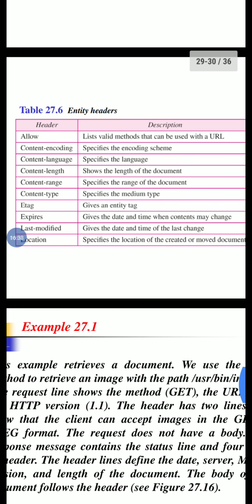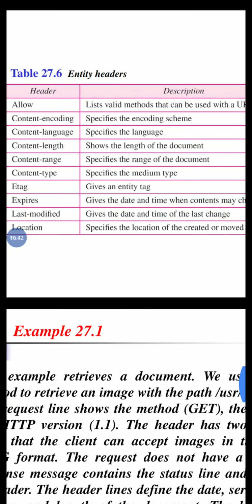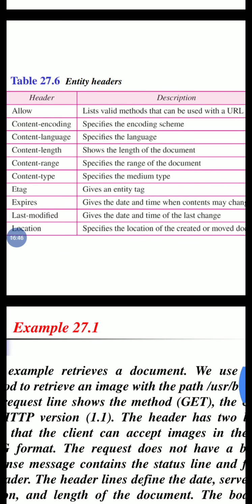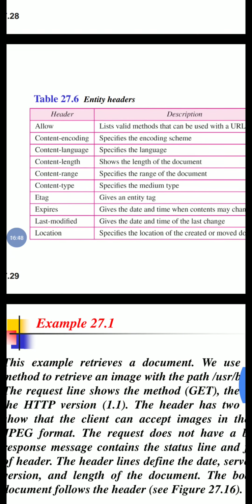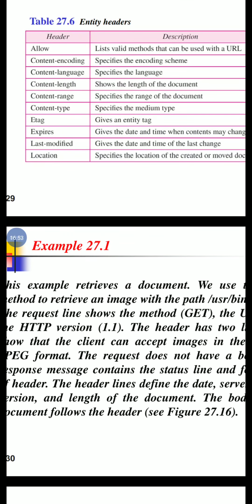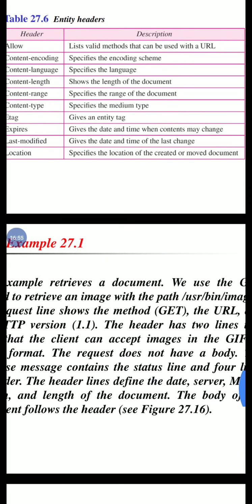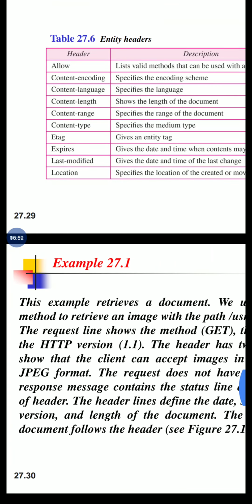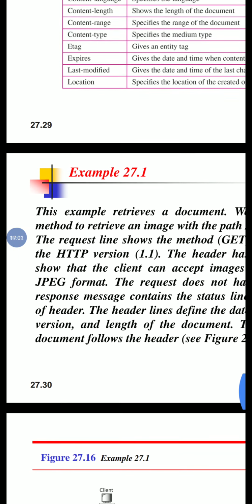After that, there is ETag, which gives an entity tag. Then Expires gives the expiry date, Last-Modified, and Location about the created or moved document. So these are some of the entity headers used.